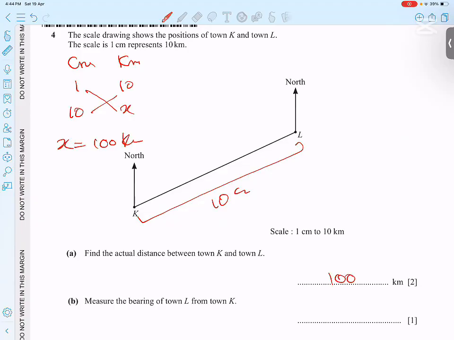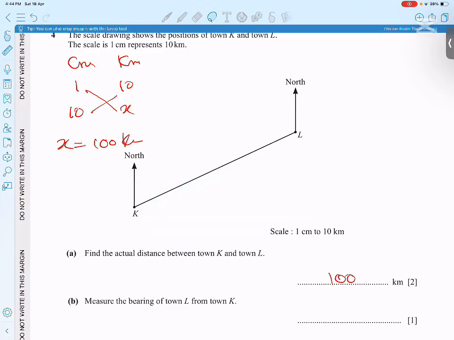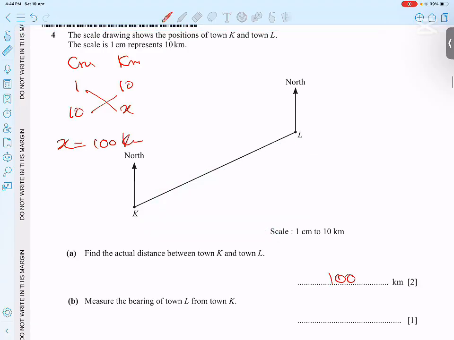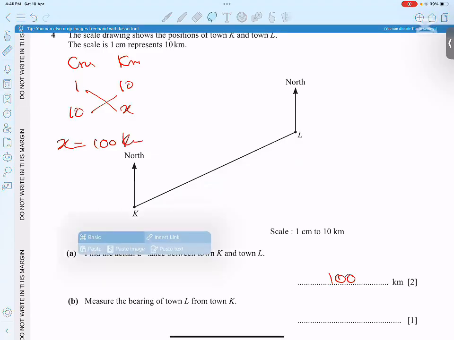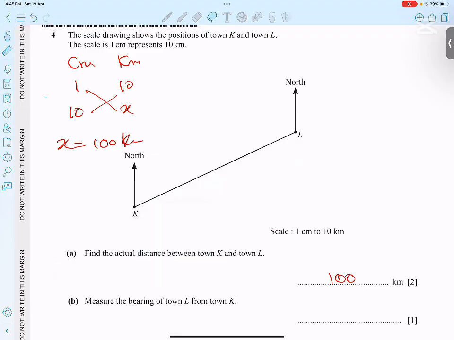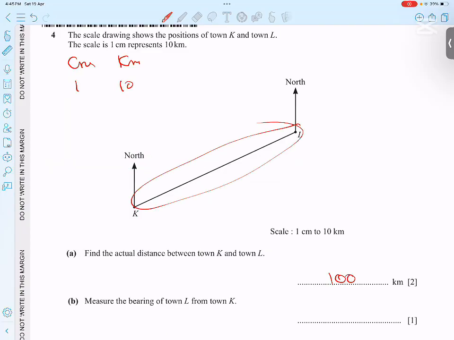But if you check the mark scheme, it is not 100, because some students mentioned that this is not 100, sir. This is a PDF, a photocopy. After photocopying, what happens, students? The diagram is sometimes compressed and sometimes enlarged. That is why it is 8.5 centimeters. So I'm writing here 8.5 centimeters equals x.